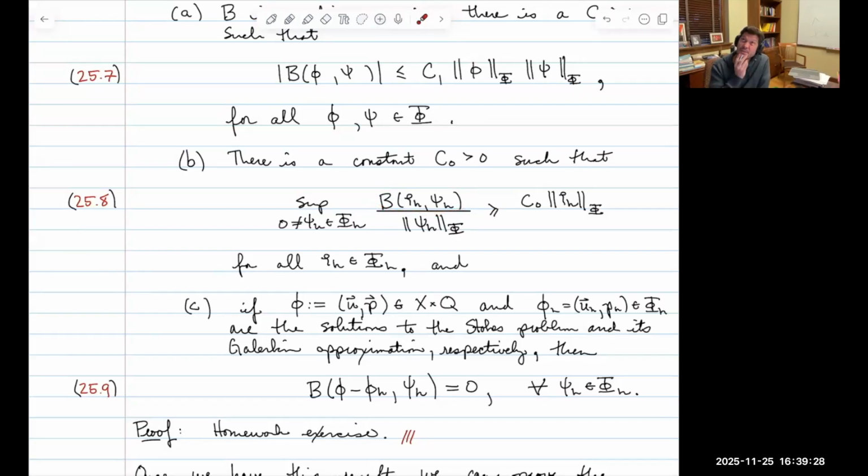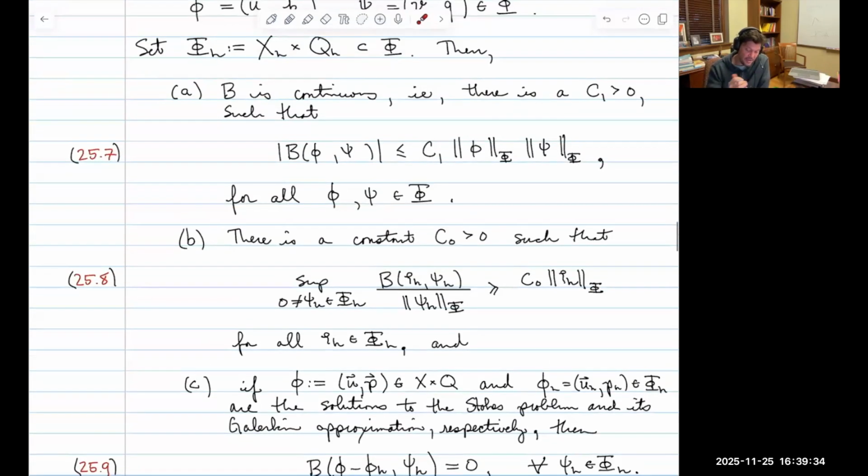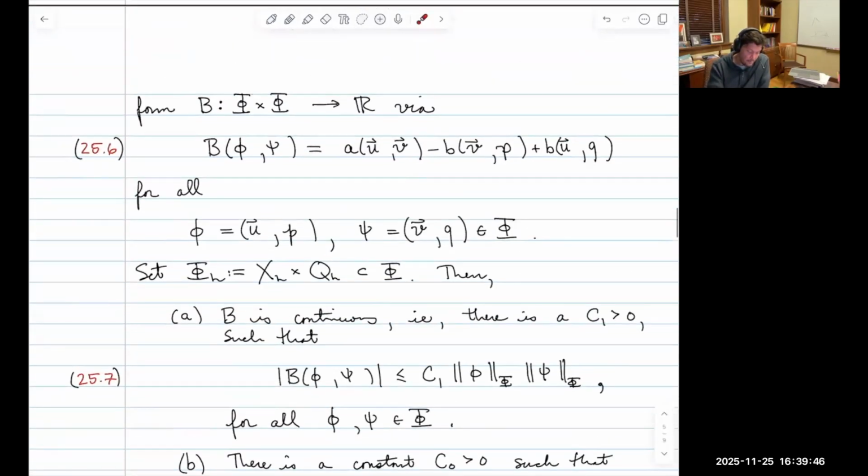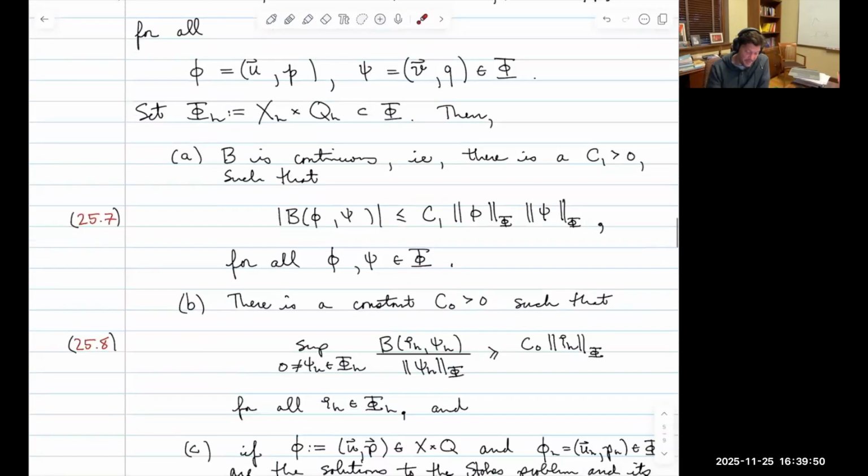Well, is it symmetric? No, it's not symmetric. But it's balanced in the sense that it takes objects in both locations from the same space. In general, it's taking them from where? Both the first and the second objects are from this capital phi space.